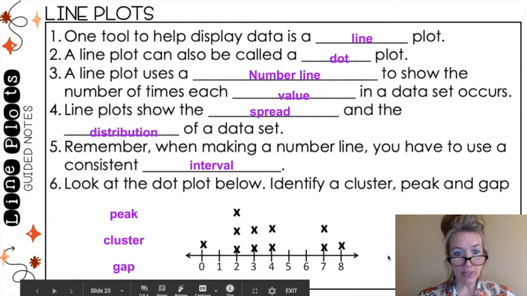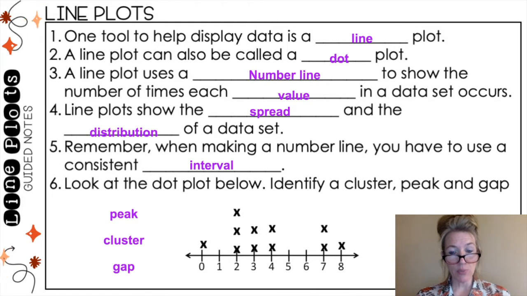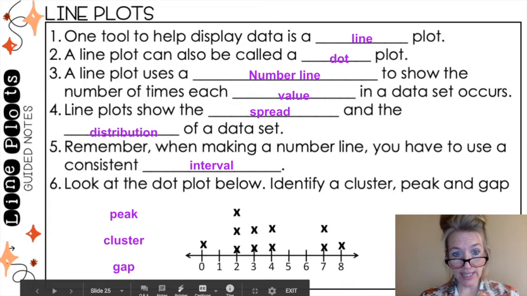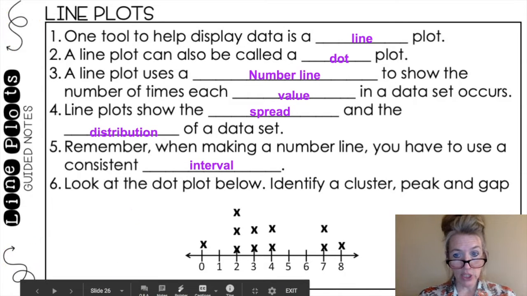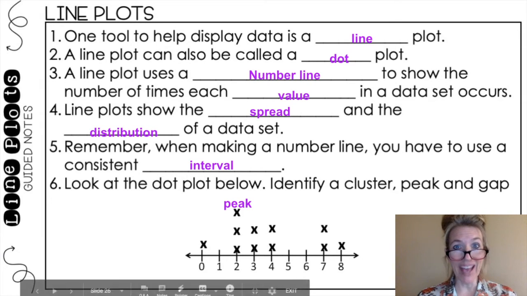Now, on number 6, it's asking us to drag and drop these words, cluster, peak, and gap, over our line plot. In the first example, I'm going to arrange the peak at the highest point in our data set. So I'm going to put that over number 2.